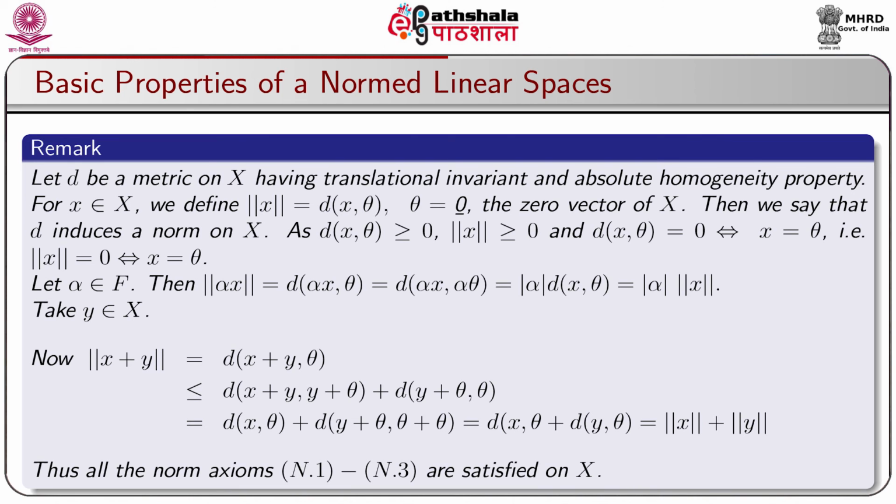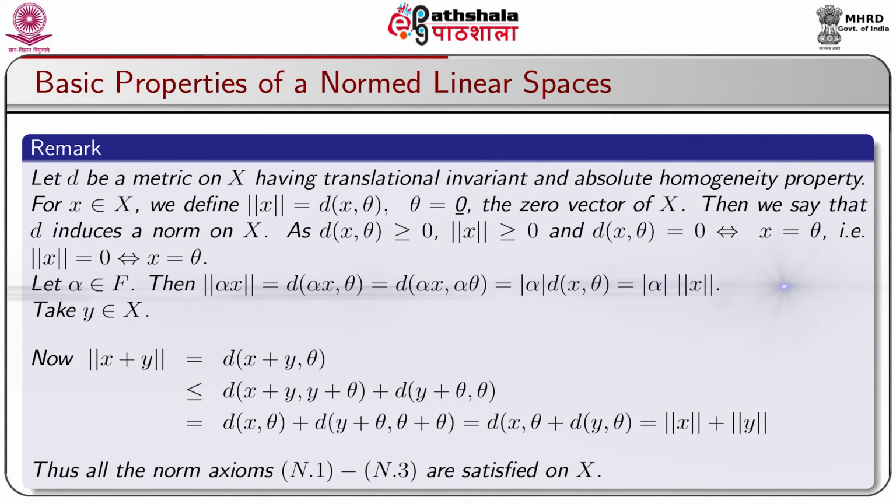For x belonging to X, we define the norm of x as equal to d of x, theta, where theta is the null vector of X, that is, the zero vector of X. Then we say that d induces a norm on X. As d is always non-negative, that is, d of x, theta is greater than or equal to 0, the norm of x is always greater than or equal to 0, and d of x, theta is equal to 0 if and only if x equals theta, that is, the norm of x equals 0 if and only if x equals theta.